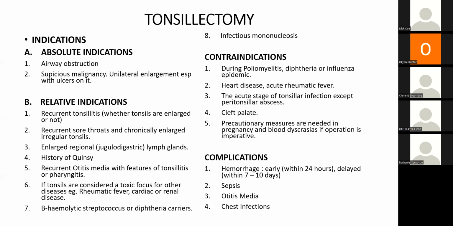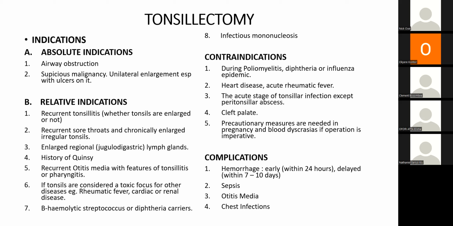So a tonsillectomy simply means a surgical removal of the tonsils, which is aimed at trying to prevent the system from acquiring acute tonsillitis, recurrent tonsillitis, chronic tonsillitis, and peritonsillar abscess, also known as quinsy.